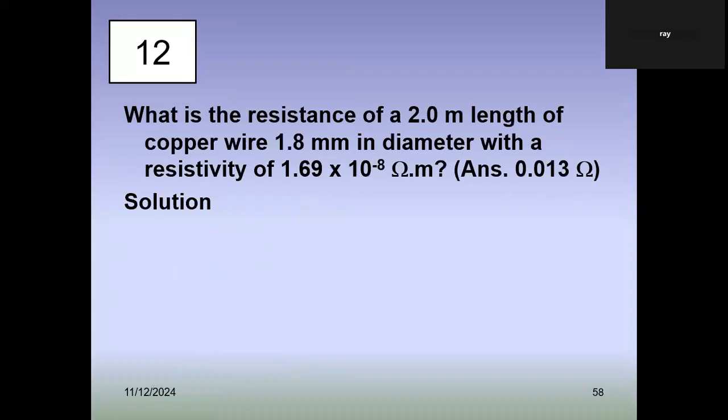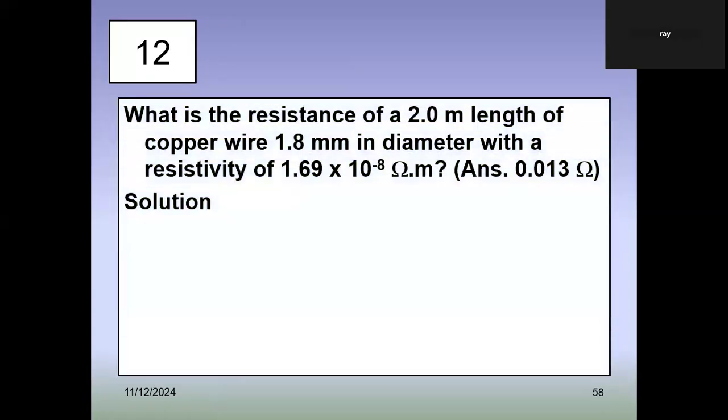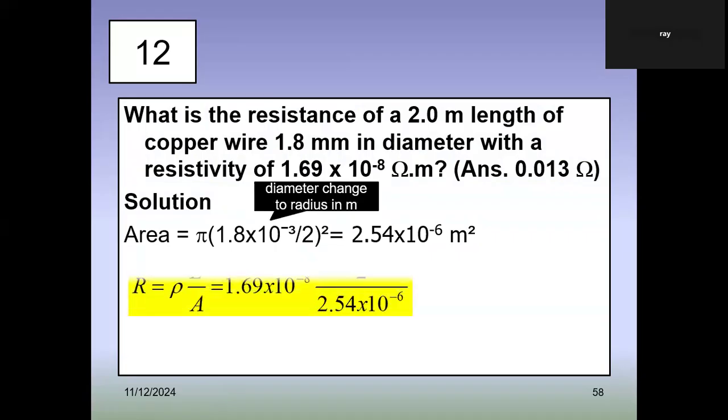Try this one using the formula. That's all. Remember to convert it to meter. Calculate the cross section area in meter square. You should be able to get 0.013 ohm.